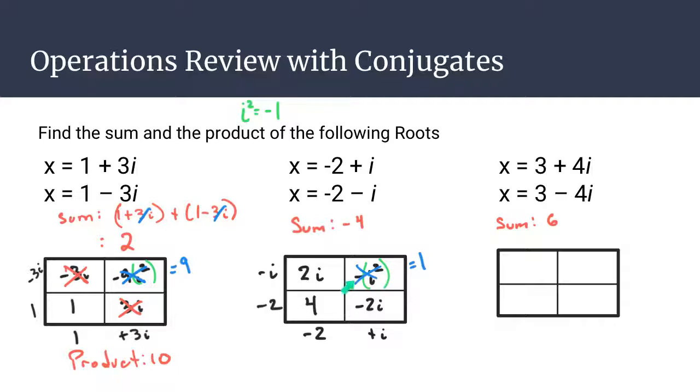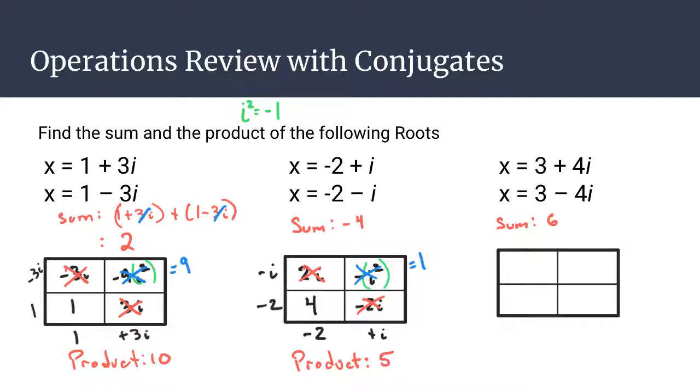Right, so catch that again. You have a negative here already. i squared is negative 1, so negative times a negative is a positive. And we notice again that our 2i and negative 2i will cancel each other out, so what you're left with is 4 plus 1, and so the product is equal to 5.